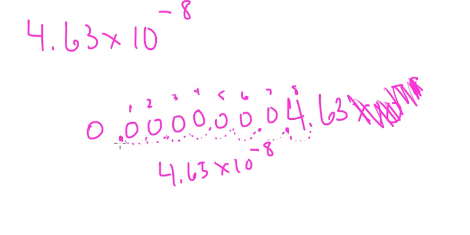Remember, when I move the decimal to the right, I'm going to make that exponent a negative number because I have to go back to the negative to get it back to its original place. That might be a little bit confusing. If it is, your tutor can work with you a little bit on that to hopefully make some sense of that for you. Let's go into our next example here, and now we have this big long problem.